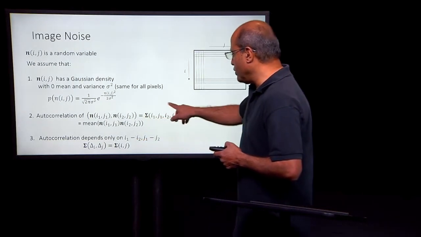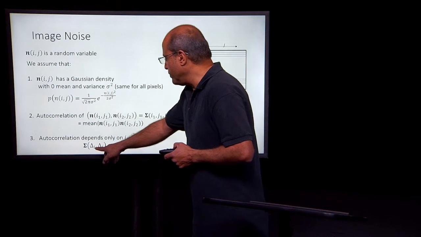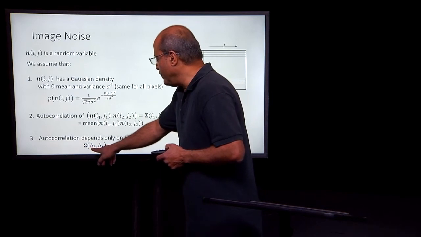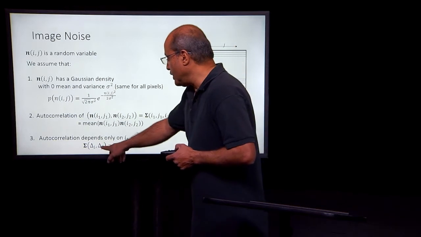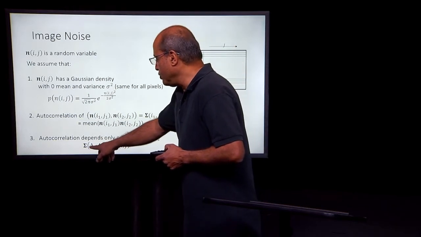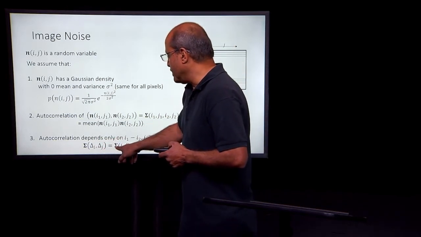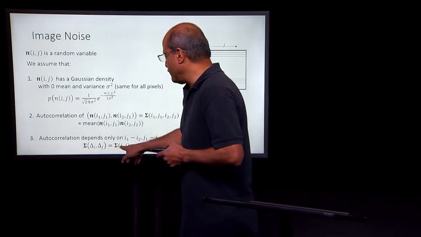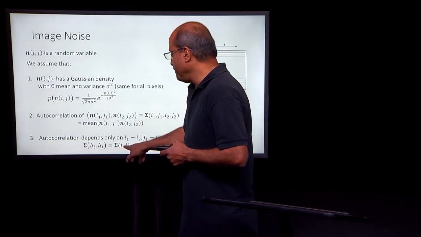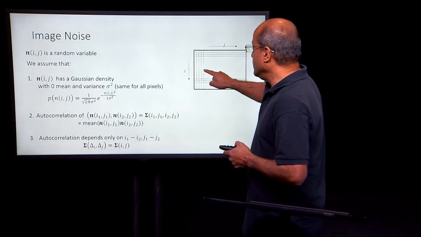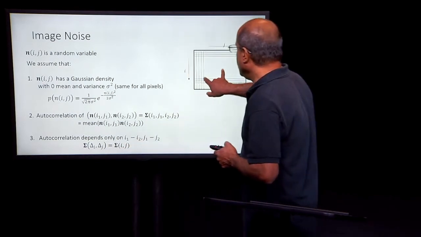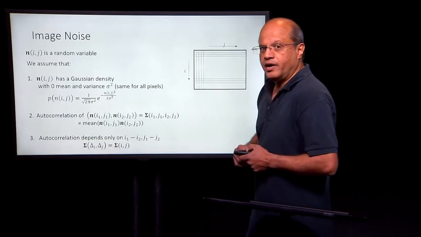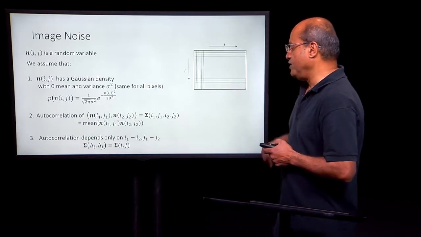So we write the autocorrelation function simply as a function of delta I being I1 minus I2 and delta J. And to simplify this notation, we just say that the autocorrelation function is a function of I and J. These are not the row and column indices in the image. These are simply the differences between row and column indices in the image.